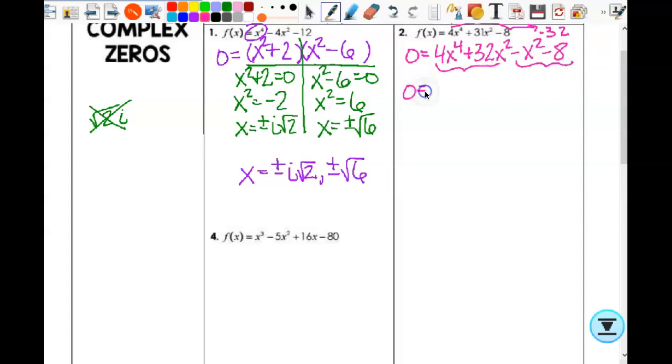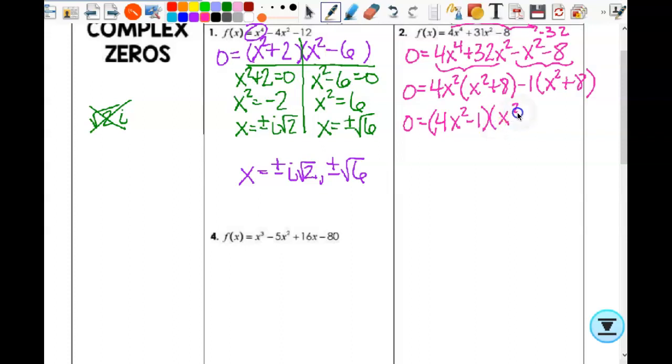0 equals, I'm not losing the fact that I have an equation, 4x squared times x squared plus 8. Here I have to factor out a negative 1, leaves me with x squared plus 8. So then this leaves me with 4x squared minus 1, and then x squared plus 8.